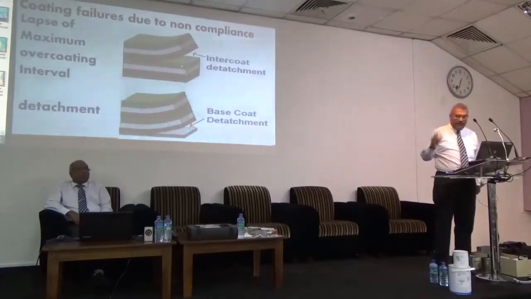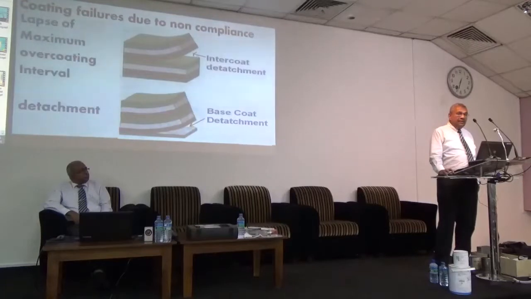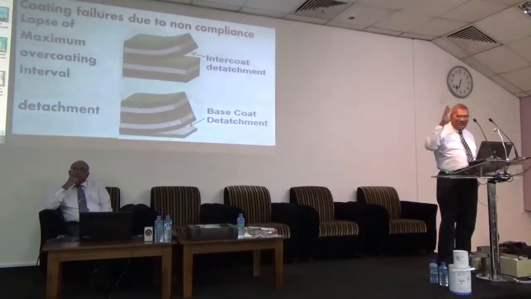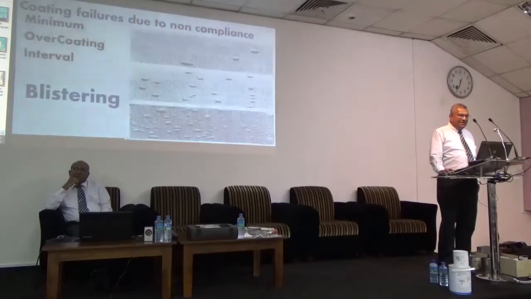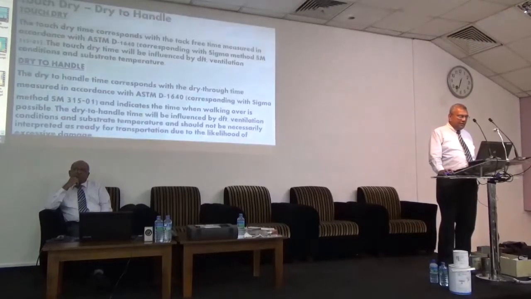I think Mr. Aruna will discuss this later in a forum also, because it is a very important thing. Now, this was applied 3 months ago, the paint's maximum interval is 3 months, and this has detached. This is actually a very bad example, but this is how it works. So in the coming days, we will discuss it.